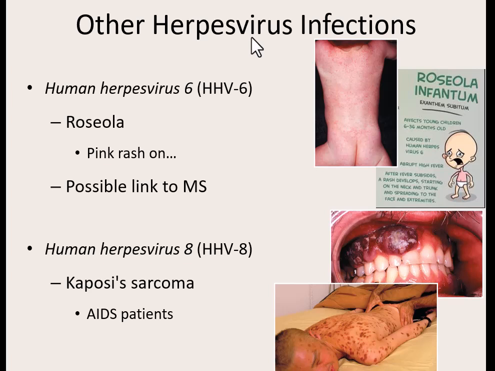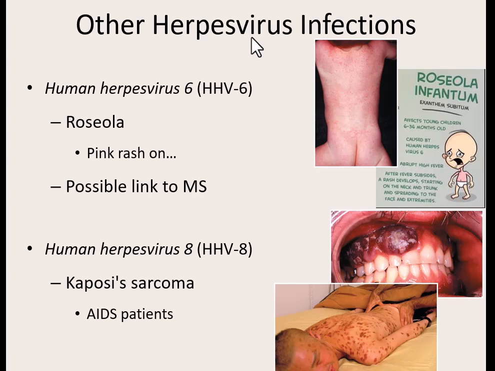The last two are human herpes virus 6 and human herpes virus 8. There's not a lot I talk about with them, so they both went on the same slide. Human herpes virus 6 causes a condition known as roseola, usually only found in infants, and it just causes an infant to have a pink rash. There are lots of things that can cause newborns and infants to have a rash.